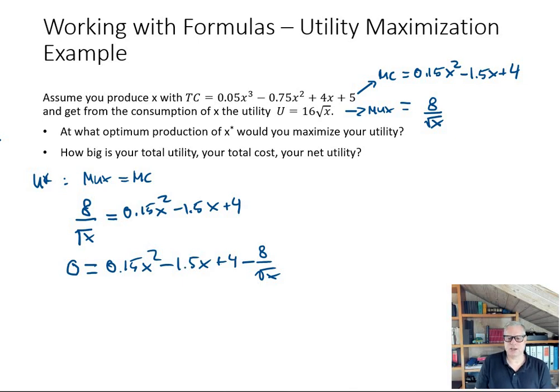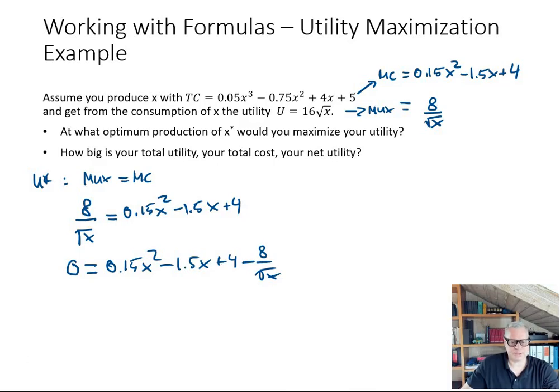That needs to be equal to 0. So at what x is this equal to 0? I couldn't figure that out quickly, but this is where Excel comes into play. Let me show you how we can solve that in Excel. And in fact, I will show you 2 ways of doing it.